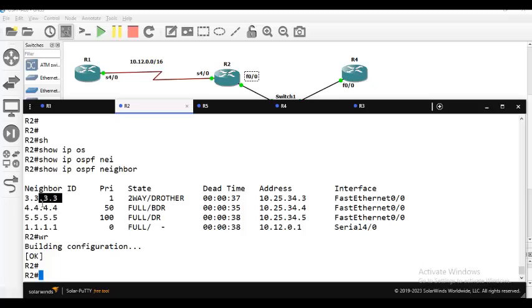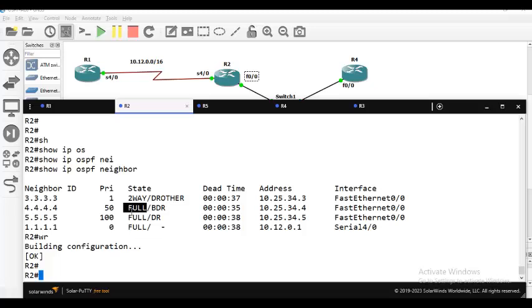But router 2 has got full adjacency with 5.5.5.5 because router 5 is a DR. And router 2 has got a full adjacency, meaning it is sharing everything with the BDR also. Now let's go to router 5 and see. Show IP OSPF neighbor.